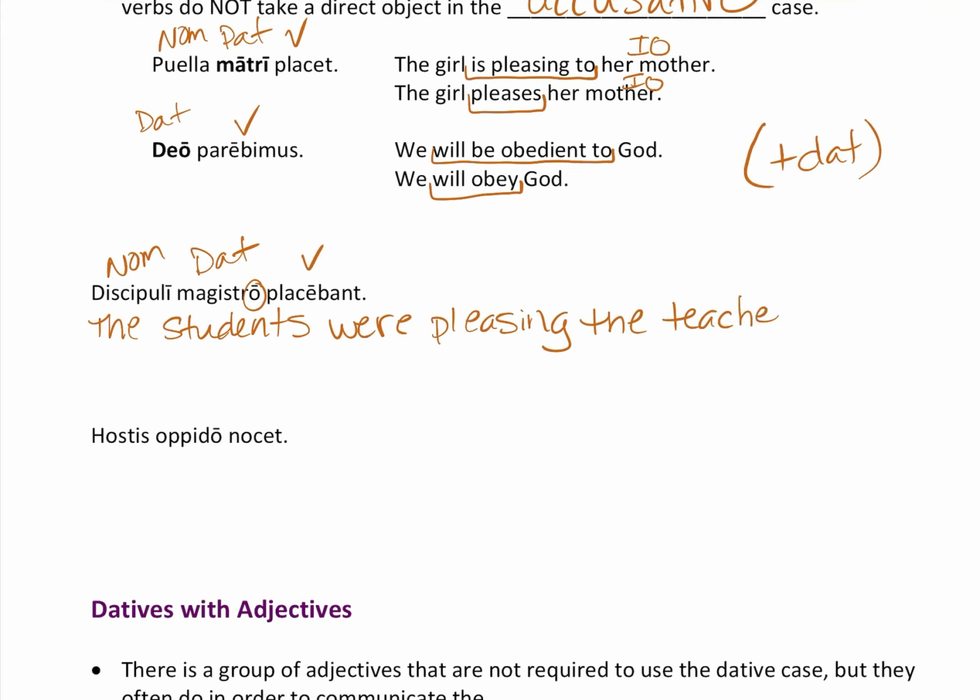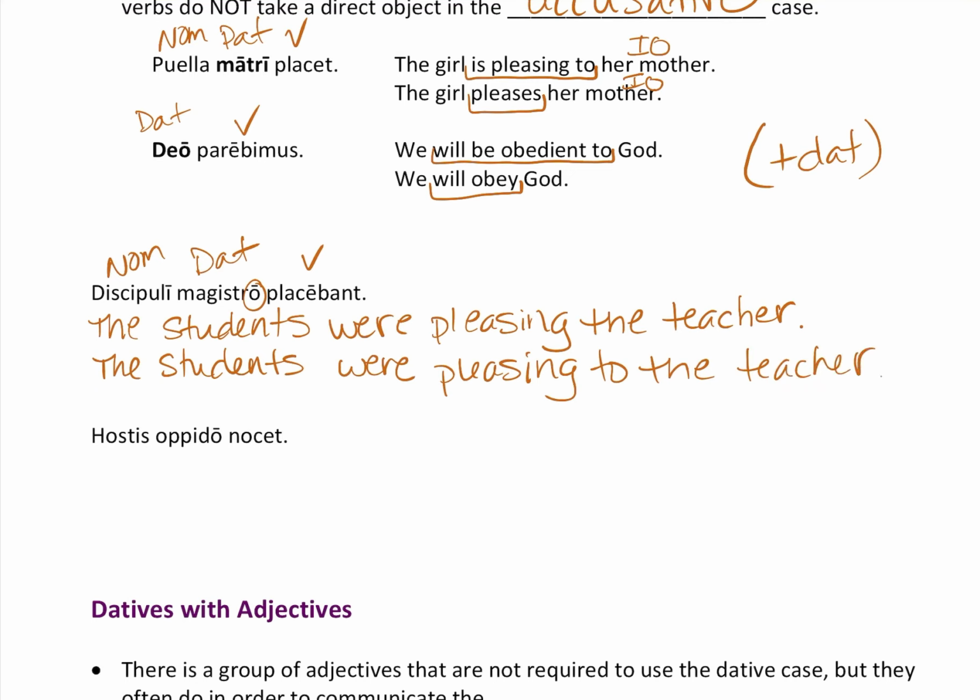Now, if I wanted to do it with the to in there, the students were pleasing to the teacher. Take some time to write these down because you'll need it in your translation. Sometimes one makes sense in English and one doesn't, or makes better sense. You want to know that there's two ways to translate these.